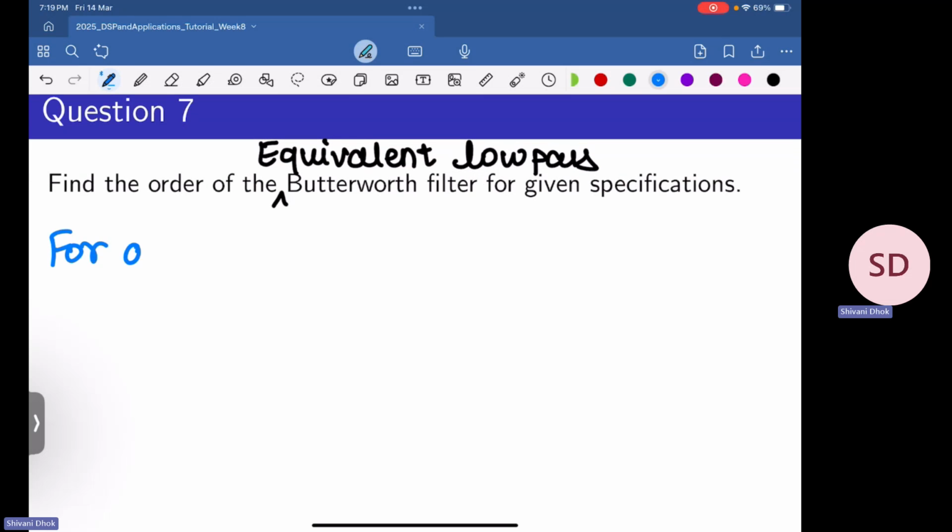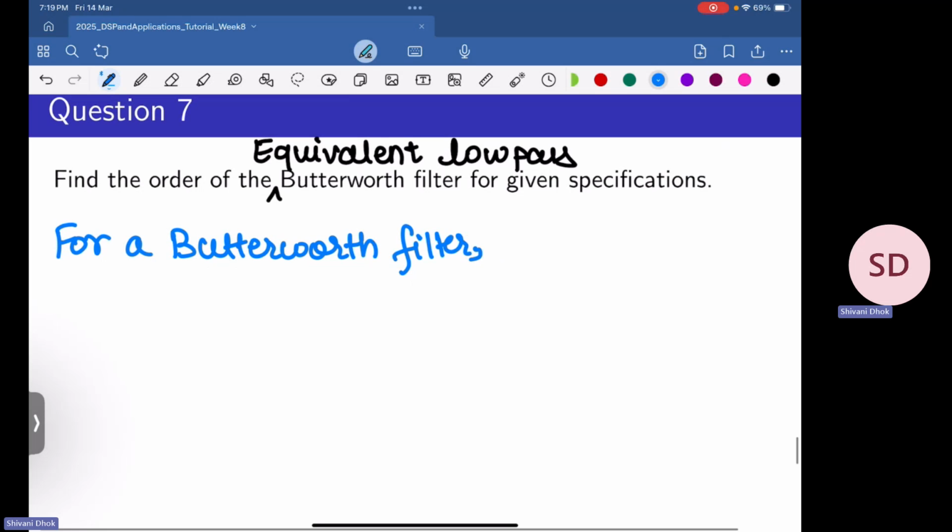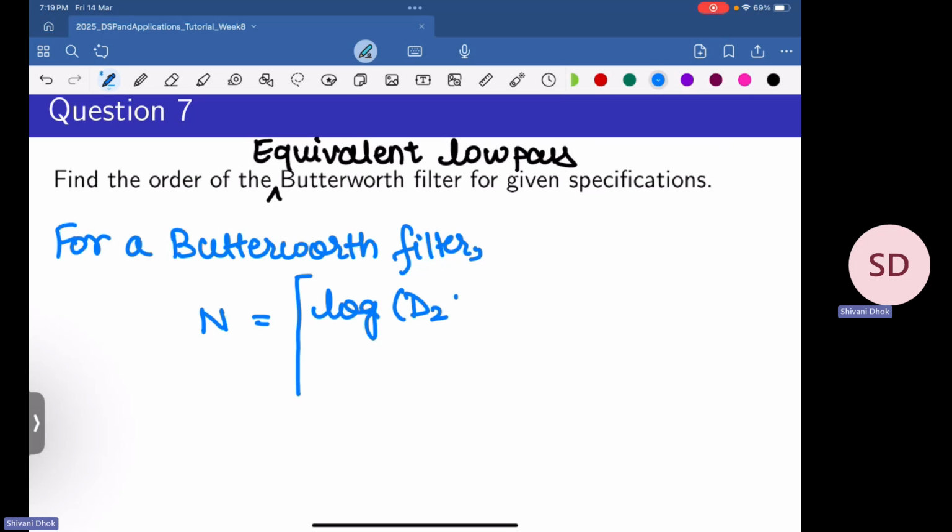For a Butterworth filter, order is the ceiling of log of d2 by d1 divided by 2 times log of omega ls by omega lp.